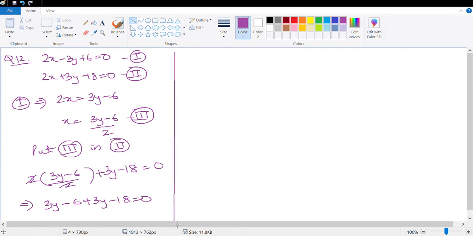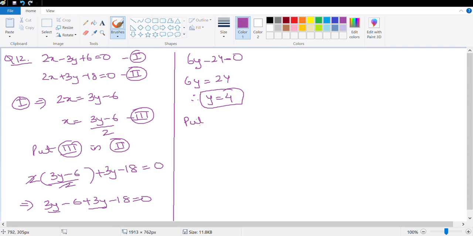That gives 3y plus 3y, that's 6y, and minus 6 minus 18, that's negative 24, equal to 0, which means 6y is equal to 24, which means y is equal to 4.